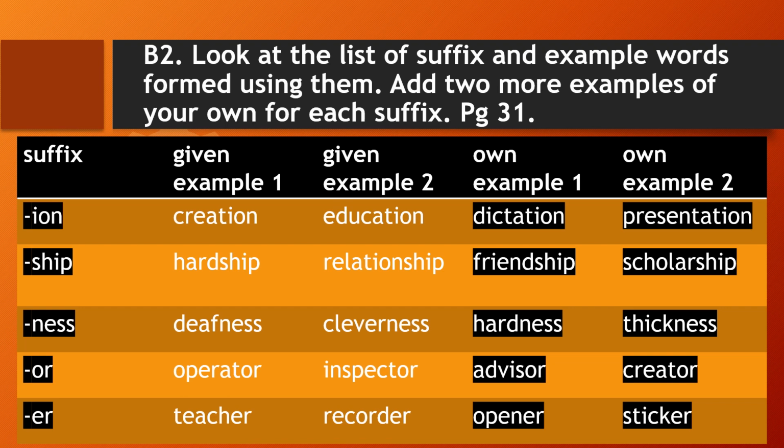The last suffix is er, and the examples given are teacher and recorder. We can write opener and sticker. Now children, all these examples that I have written, you can either copy these or you can write examples of your own.